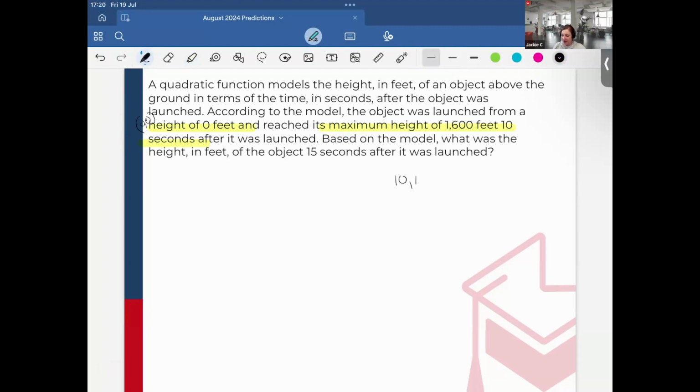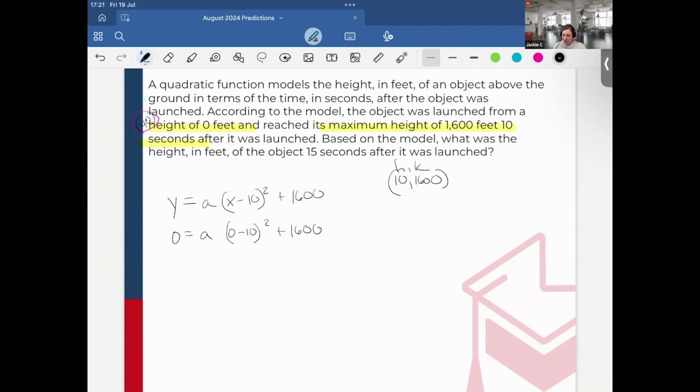So it's 10, 1600 as my h and k vertex values. Just like before, y equals a(x minus 10) squared plus 1600. Then I put in the other coordinates, 0, 0. So 0 equals a(0 minus 10) squared plus 1600.